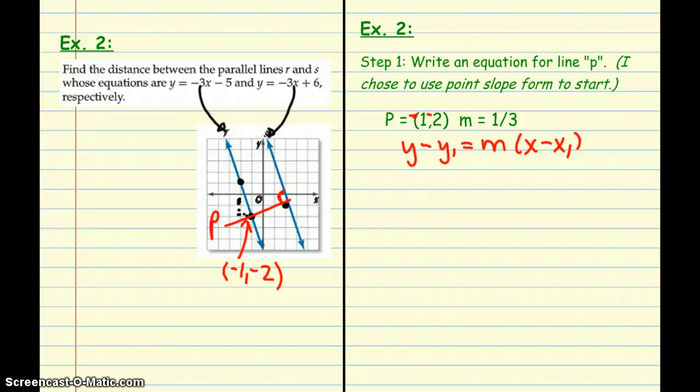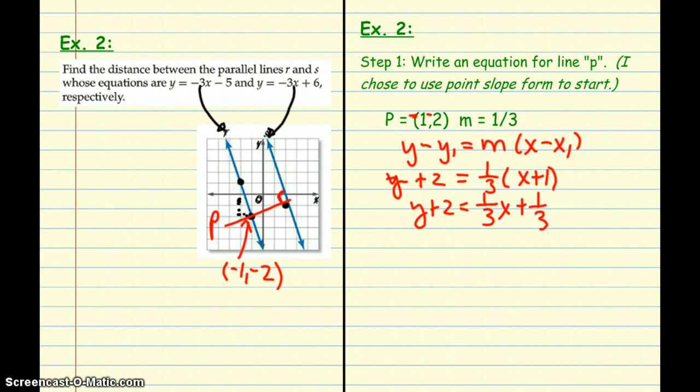So I'm going to substitute what I know. So y minus negative 2 is plus 2 equals 1/3 times the quantity of x plus 1. I'm going to distribute my 1/3. And then I'm going to solve for y. So in this case, I'm going to subtract 2.